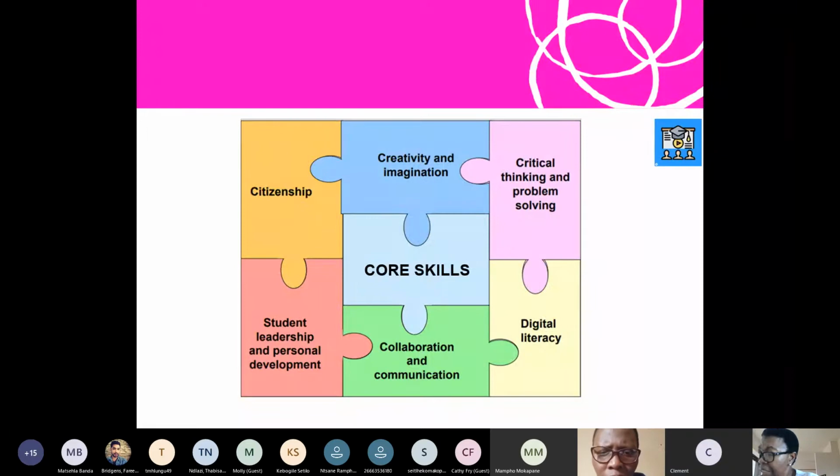In terms of citizenship, I was saying we all need to understand that we are global citizens. However, first and foremost, let's teach our children to take pride in their own countries, because if you take pride in Lesotho, if I take pride in South Africa, then that will enable me to appreciate what is happening in other countries.